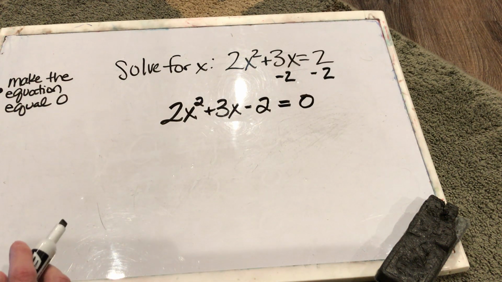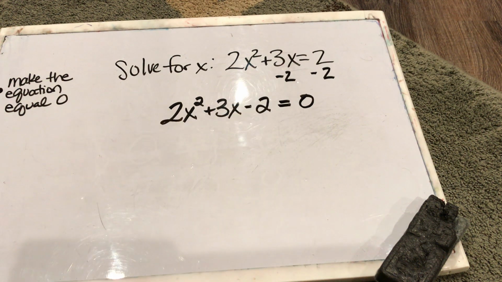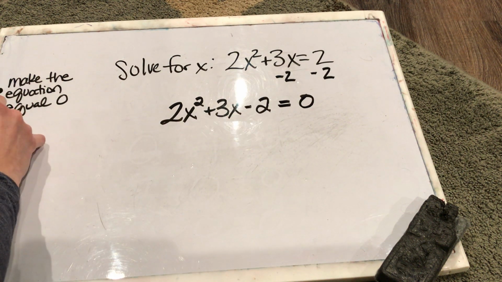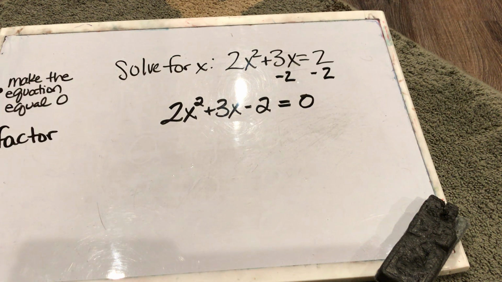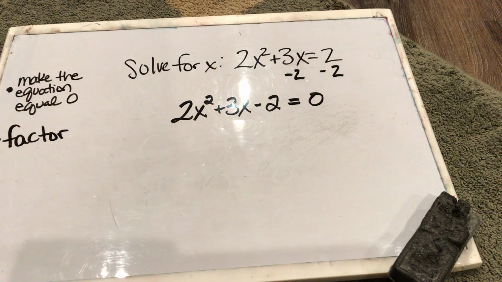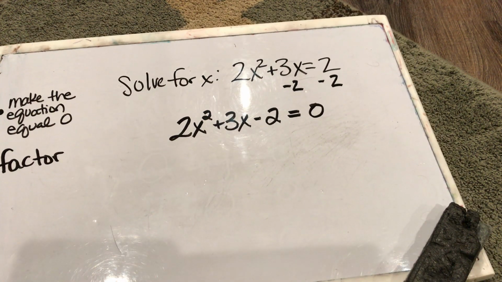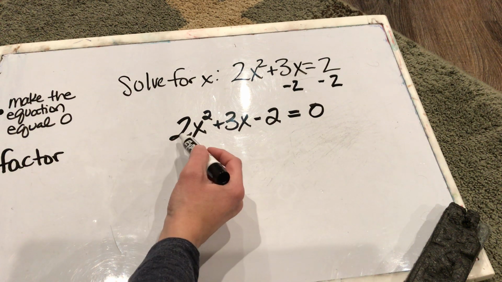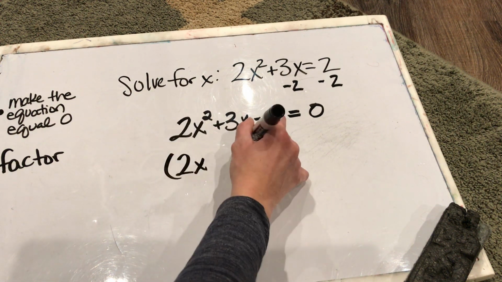Okay, so I have this equation equaling 0. Now the next thing I want to do is factor the equation. So I've got to use my factoring skills. I see a 2x squared here, so I'm going to start with a 2x.